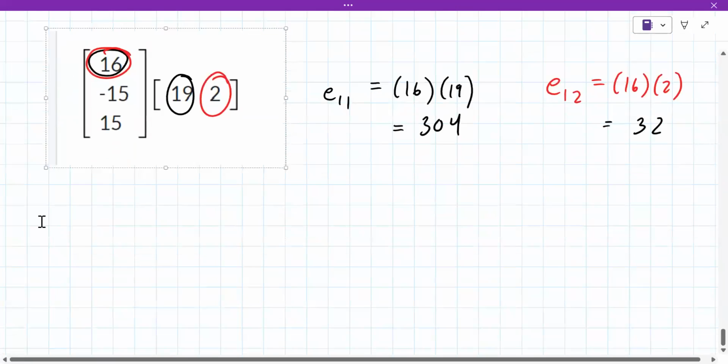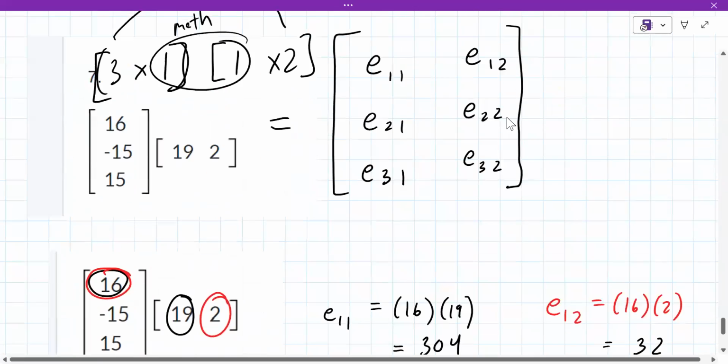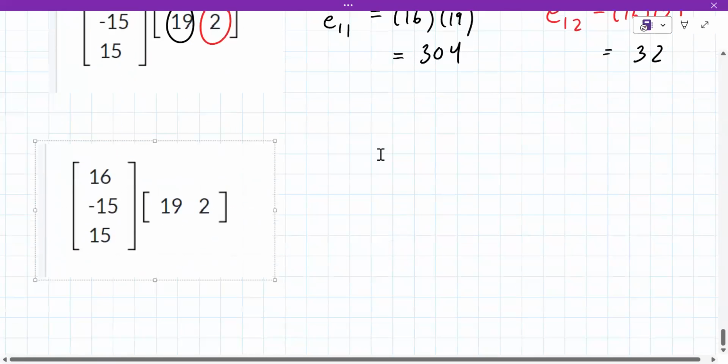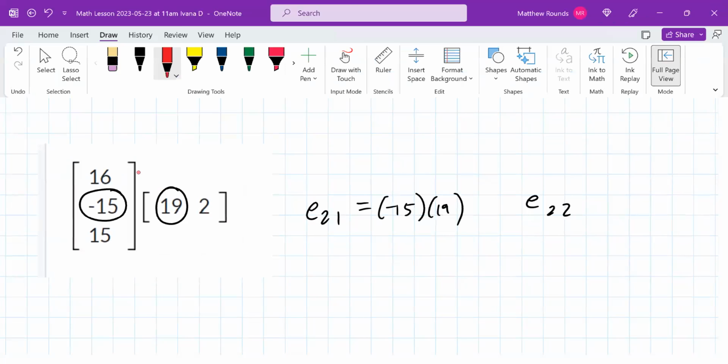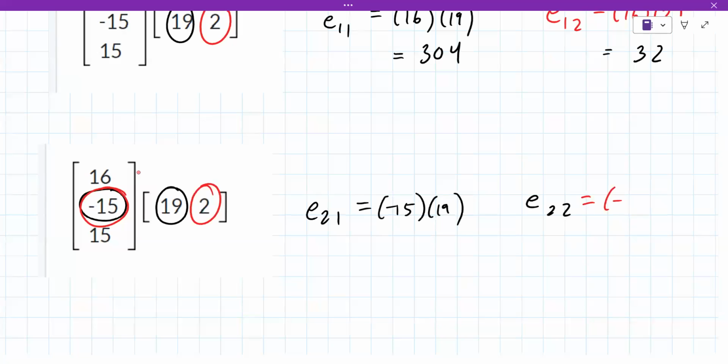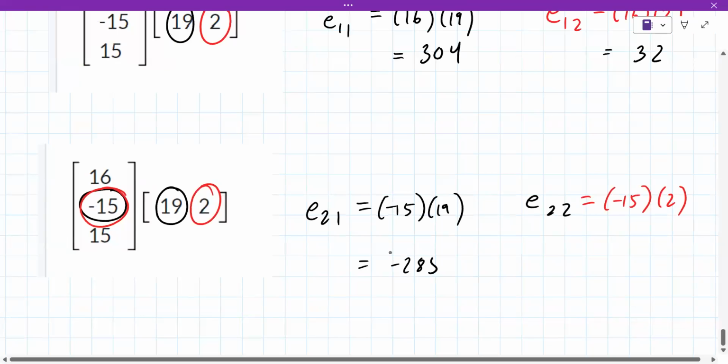All right, now we're going to do the next two. We're going to get this E21 and E22. So E21 means to take the second row times the first column, minus 15 times 19. And then E22 means to take the second row times the second column, minus 15 times 2. And this becomes minus 285 and minus 30.